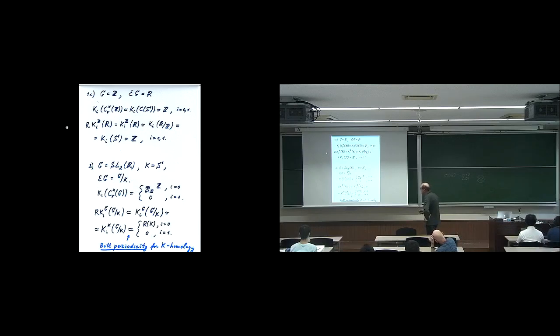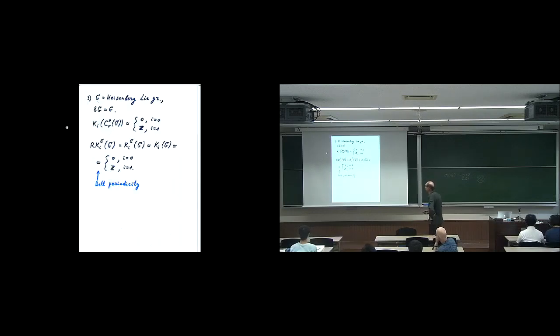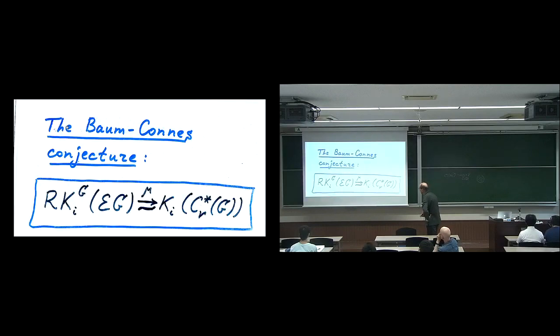This doesn't prove it; you need to follow exactly the definition of the assembly map to get really that there is an isomorphism. But these two at least look similar. And the case of the Heisenberg group is also pretty similar. Both parts are the same. Now the Baum-Connes conjecture is that the assembly map is an isomorphism.